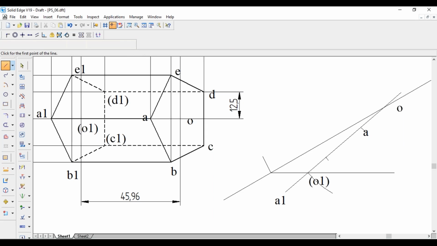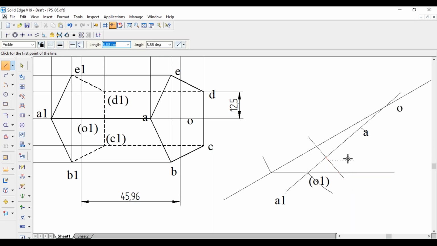Now from this point, draw a line perpendicular to OO1 for a length of 12.5 mm. Similarly, on this side also draw a line for a length of 12.5 mm, perpendicular to OO1.